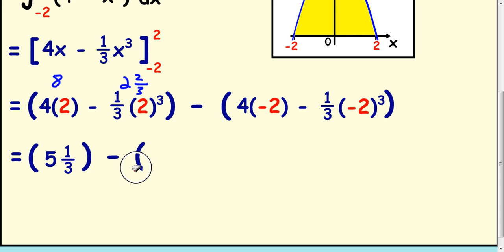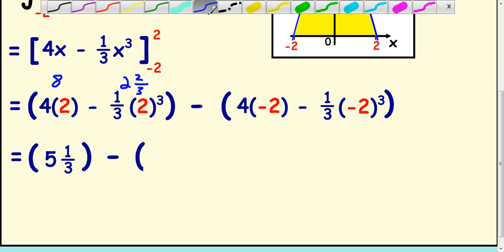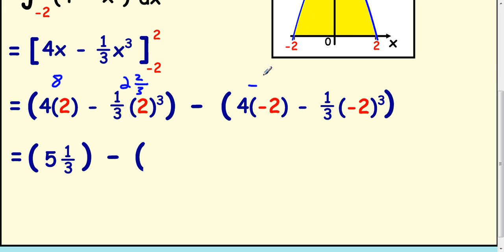Then work out the next bit. So that goes to negative 8. Take away negative 2 cubed is negative 8 over 3, so that's going to be plus 8 over 3. Again, instead of writing 8 over 3, we can write plus 2 and 2/3.